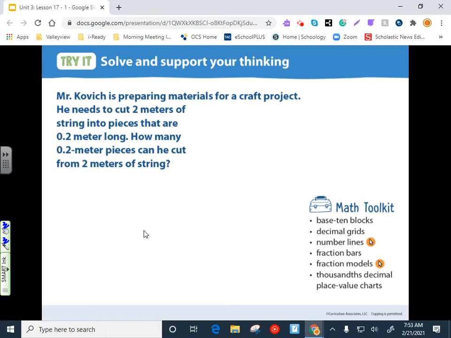For your notes, I want to write this question in there. First of all, how many 2/10 are in 2?